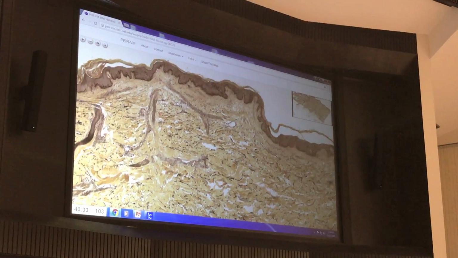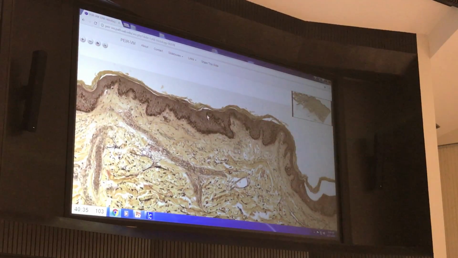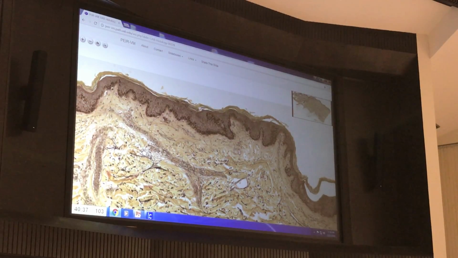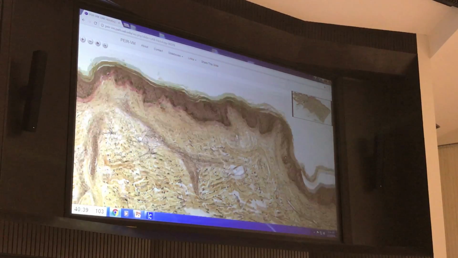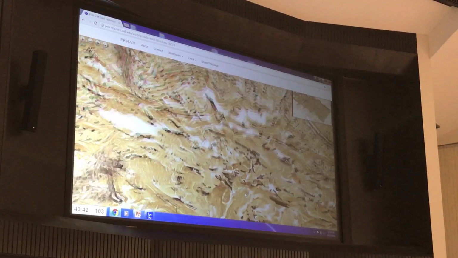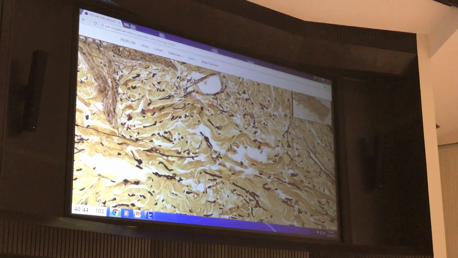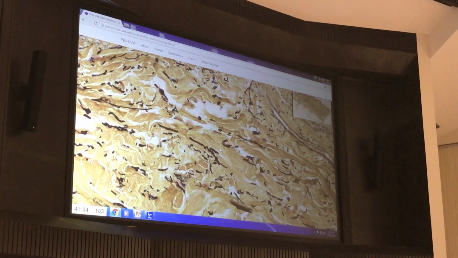What I wanted you to see is that we can still see stratified squamous, keratinized, and here's dense irregular. All of these are collagen bundles. In the earlier ones we saw, it all just looked pink, right? Because you would not see individual elastic fibers. So we usually need a special stain, it's usually Verhoeff's. I'm guessing that's what it is. And so you can see the elastic fibers very, very nicely.